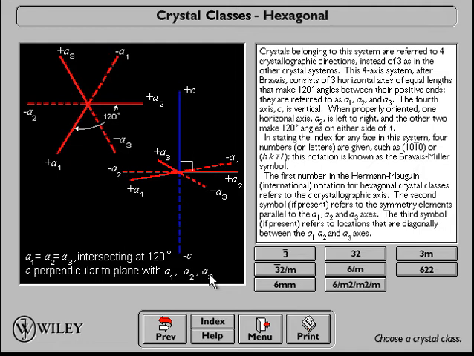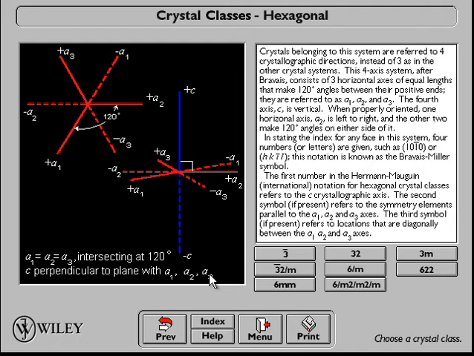Crystals belonging to this system are referred to 4 crystallographic directions instead of 3 as in the other crystal systems. The 4-axis system is after Bravais, consisting of 3 horizontal axes of equal lengths that make 120 degree angles between their positive ends.